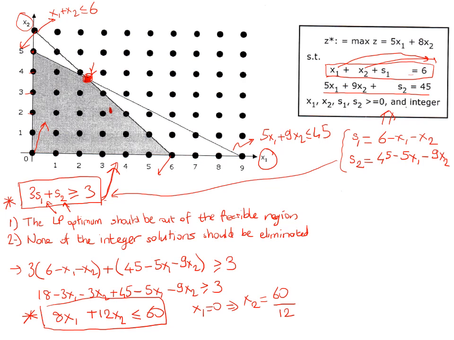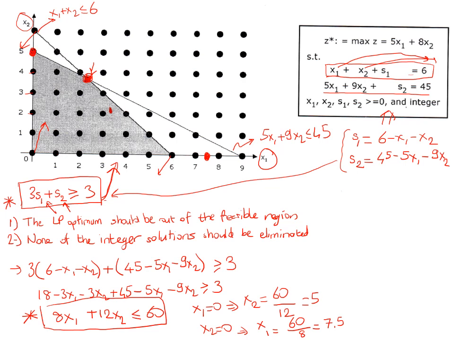And if x2 is 0, then x1 is equal to 60 over 8. So this makes 5 and this makes 7.5. Then the new constraint passes through 7.5 and 5.